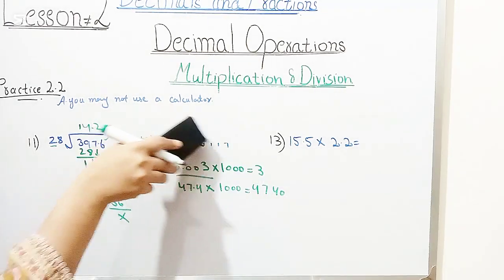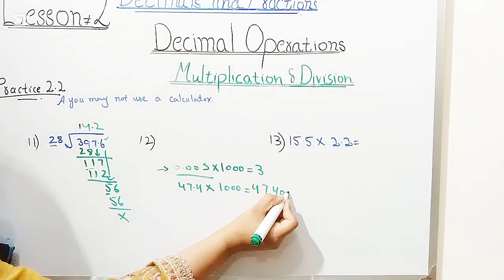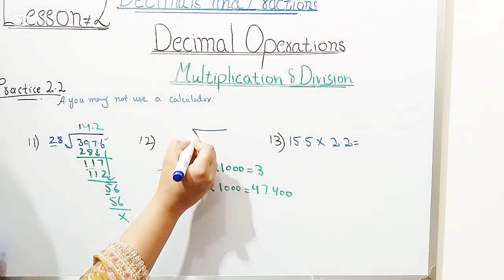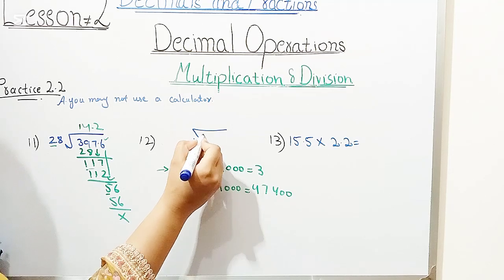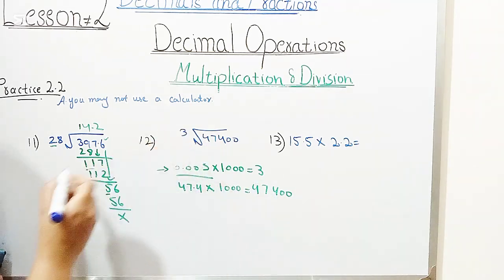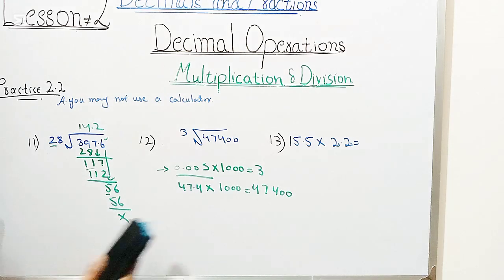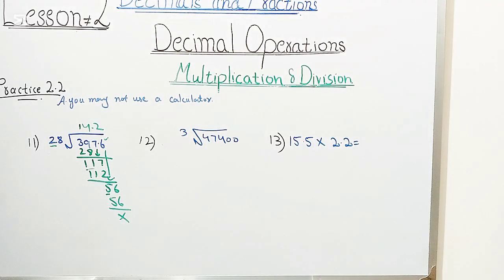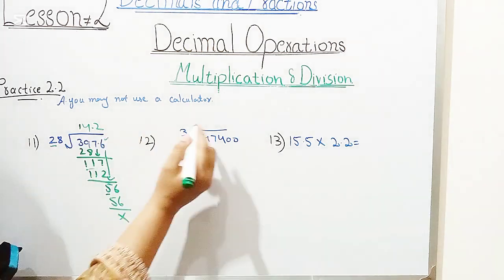Okay, now I will write. I will wipe it. Now I will write 474003. Now I will wipe it, so you can't be confused further. Now 3 1s are 3.